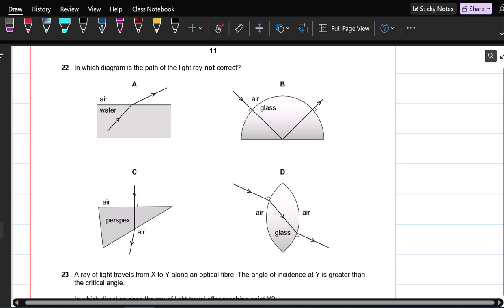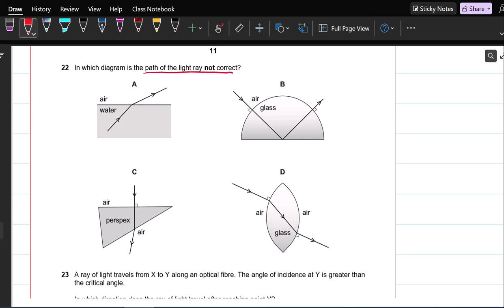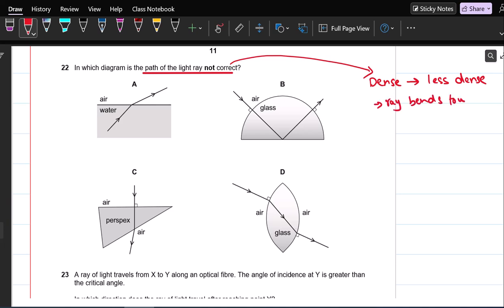In which diagram is the path of light ray not correct? Okay, before jumping into the options, I tell you one thing. When ray moves from dense to less dense, what happens? Ray bends away from normal, away from normal.